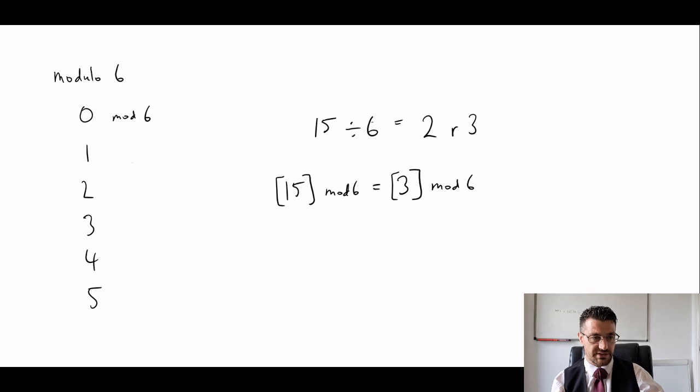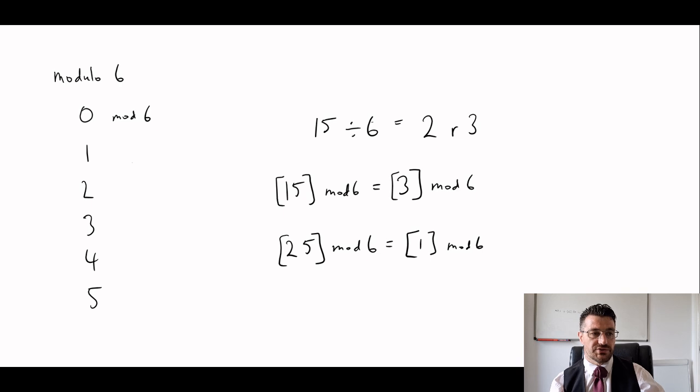Let's say we take 25. What's 25 modulo 6? Well, 25 divided by 6, division with remainder, is 6, 12, 18, 24, remainder 1. So it's equal to 1 modulo 6.